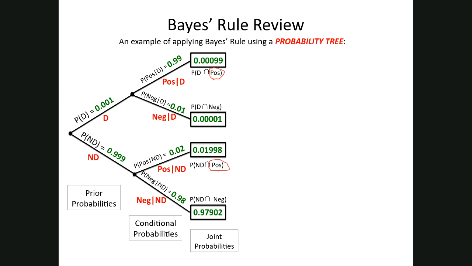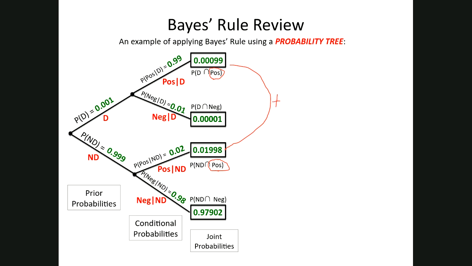So there's 2 ways that a positive test can occur. Consequently, if we had thousands of people doing this over and over again, the total chance that a positive test could occur is going to be the sum of these 2 values.